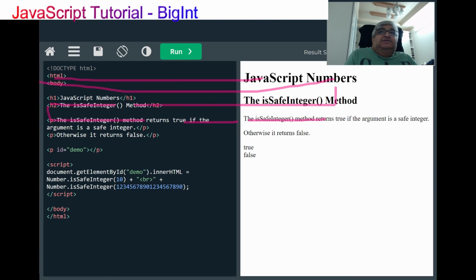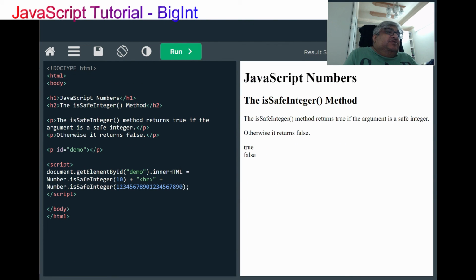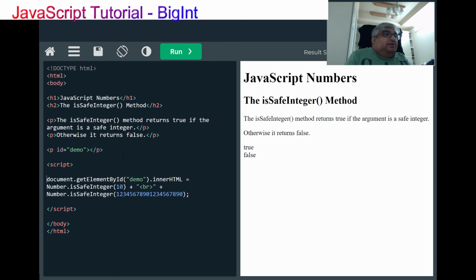So let's try this. Here we have the script, and we have a number. What's going to happen? We are running these methods. isSafeInteger, we gave it an argument of 10, and it says yes, it's a safe integer.